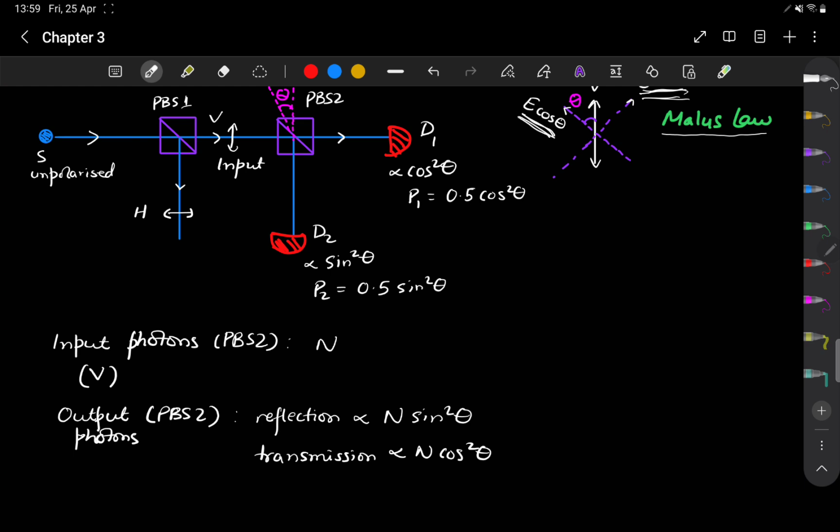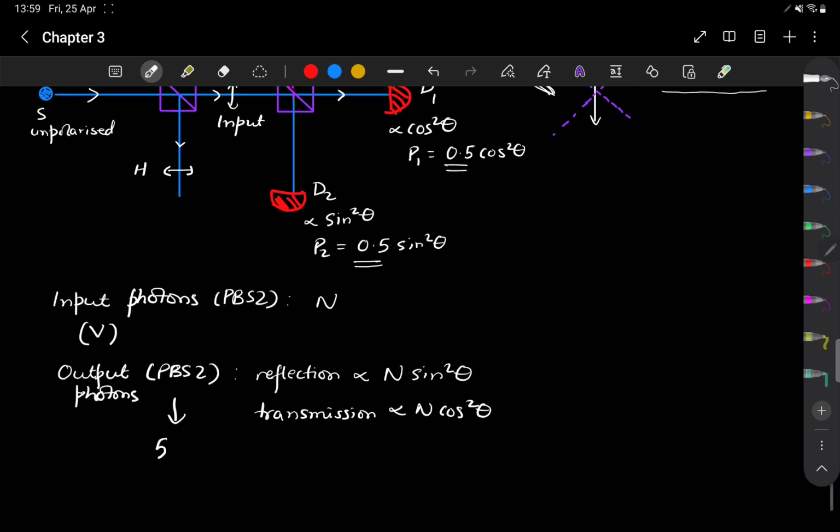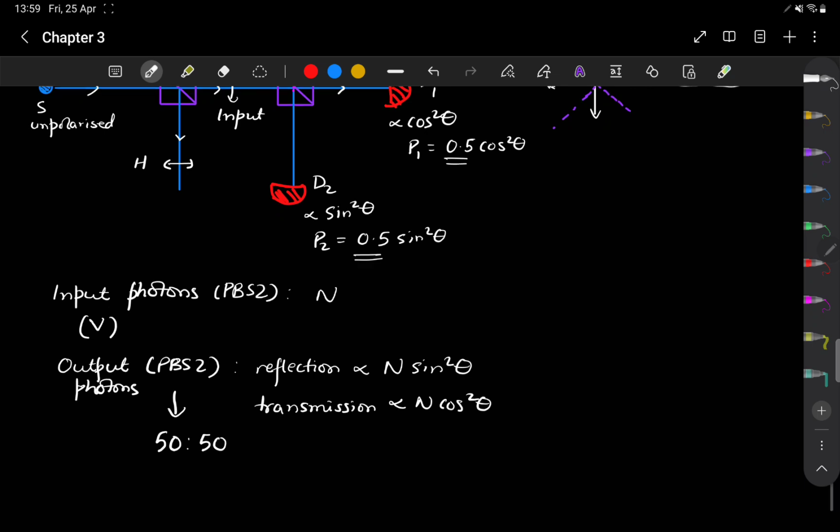And because of the 50-50 splitting, we will have this factor of 0.5. Because this polarizing beam splitter is a 50-50 splitter, 50% goes in reflection, 50% goes in transmission. So half of the input photons go in the transmission and half of them go in the reflection.